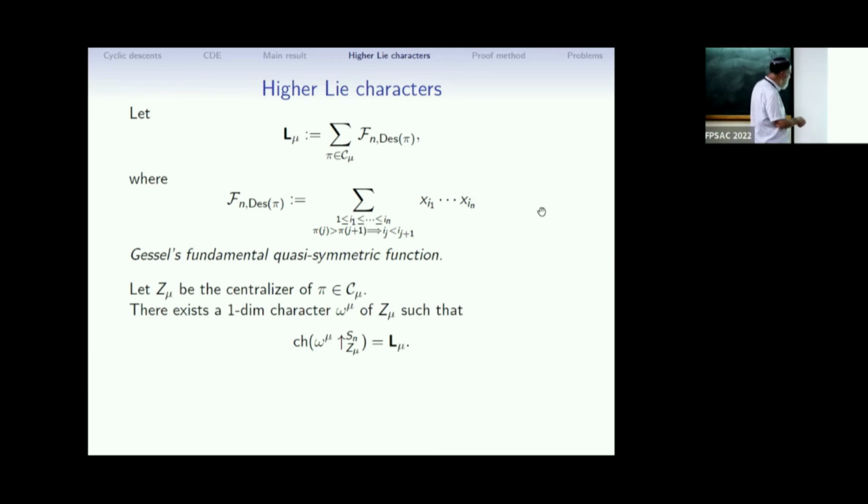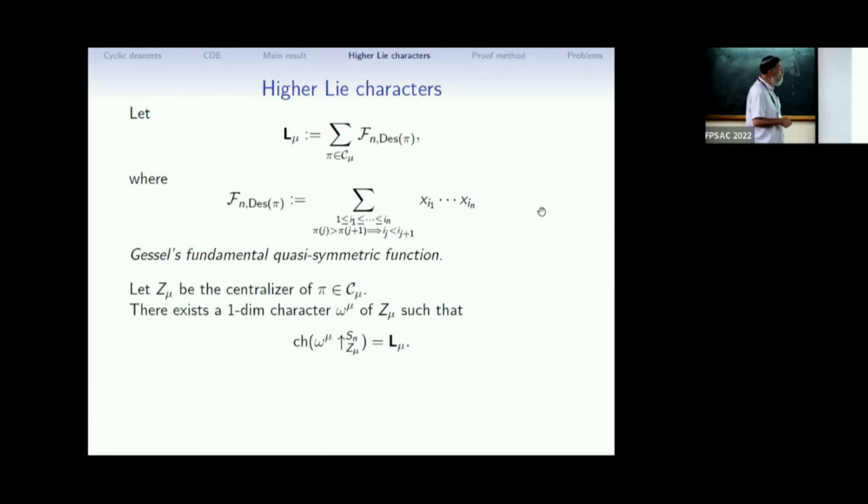Now, there is a longer definition before. The hierarchy character is the pre-image of this. This is a symmetric function. This is well known, and the pre-image is an induced character.